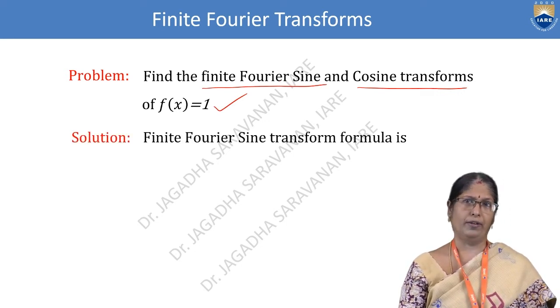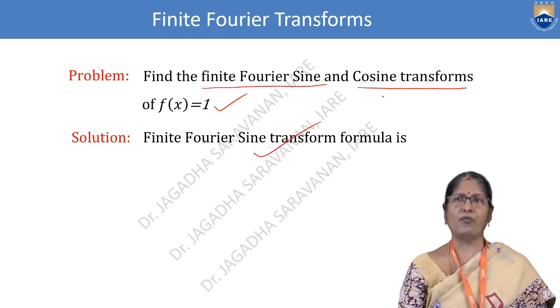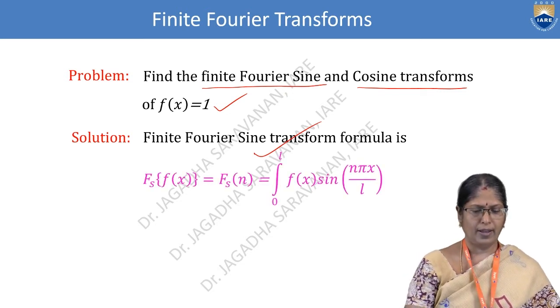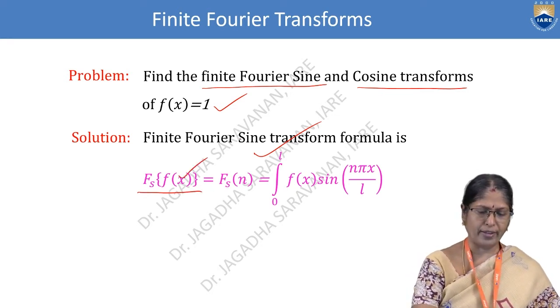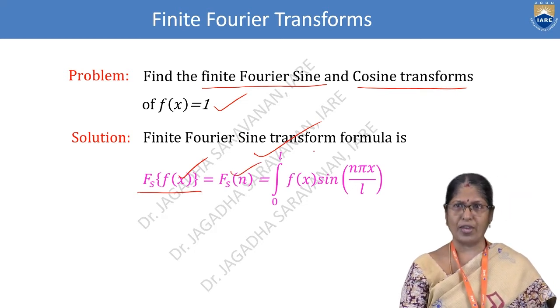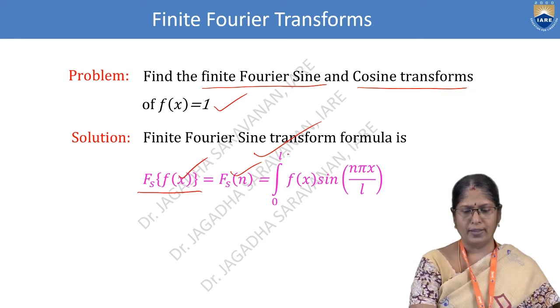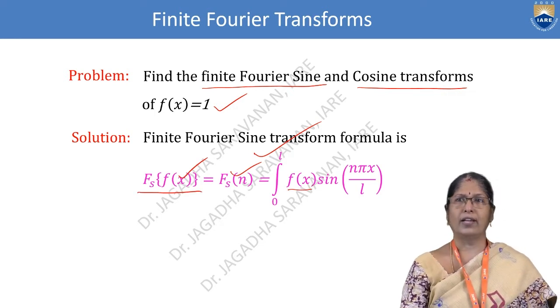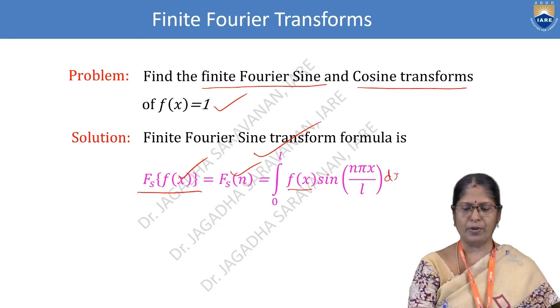The solution: the finite Fourier sine transform formula is capital F s of f of x equal to capital F s of n equal to integral 0 to L, f of x multiplied by sine of n pi x by L dx, to be written here.